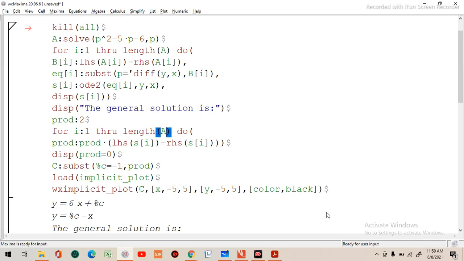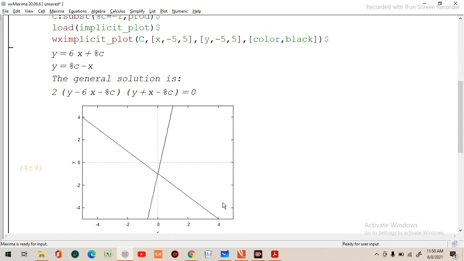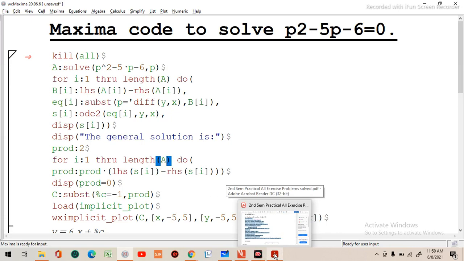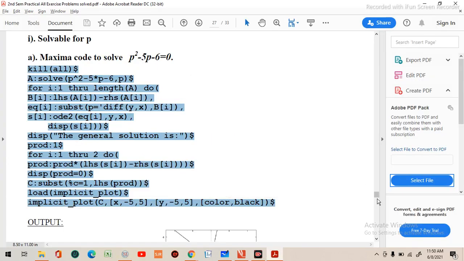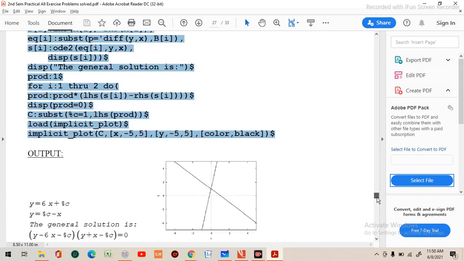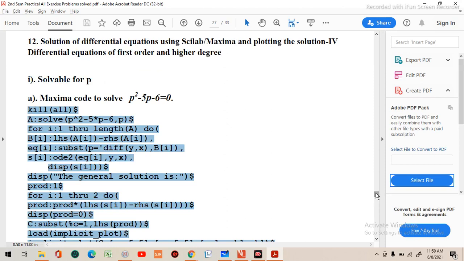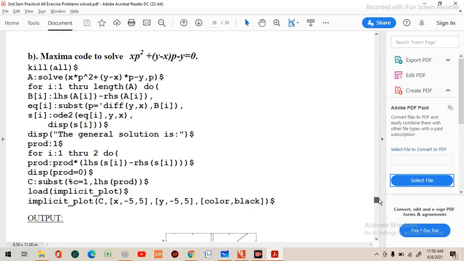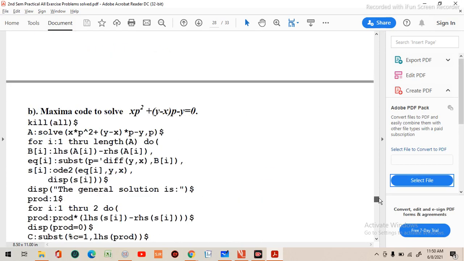Is it fine? Yes, sir. This is all about today's lab. See, this is for the first one, this is for the second one. Look at the graph.